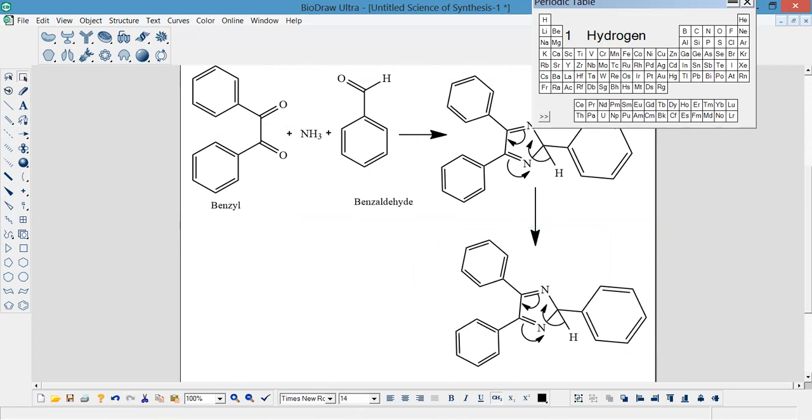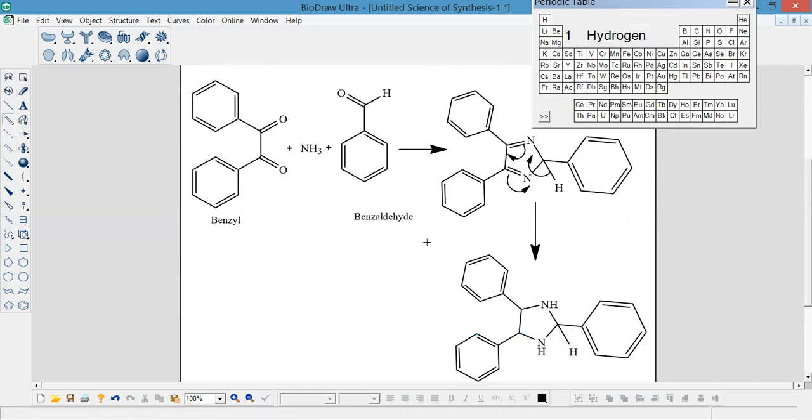Paste it and then make the necessary arrangement. Like this, and this hydrogen moves to this nitrogen atom. What happens?